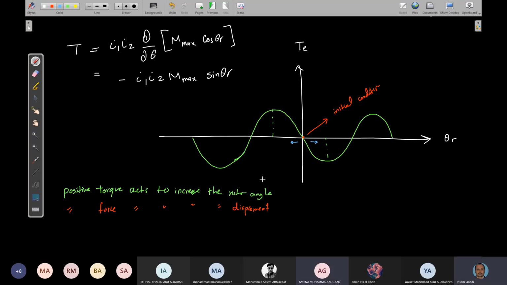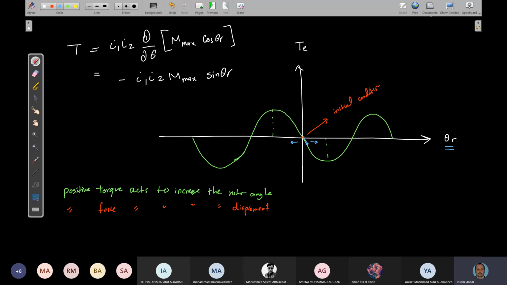Left side. So similarly here, I'm here. No, reverse direction. Let's assume that I change the torque.